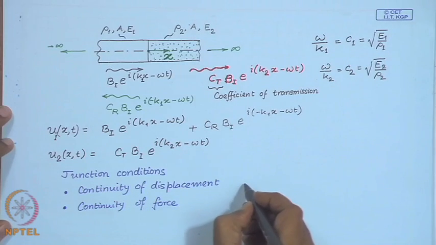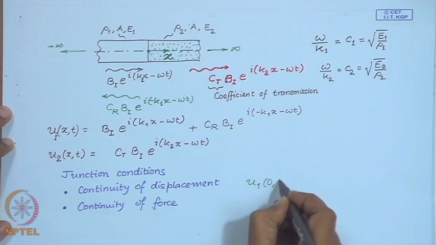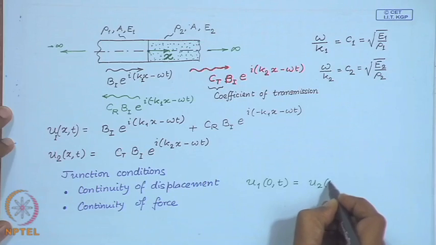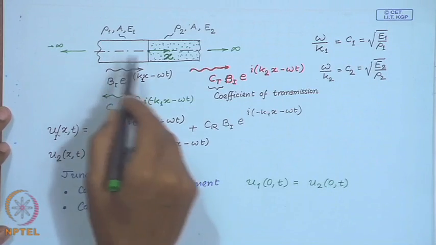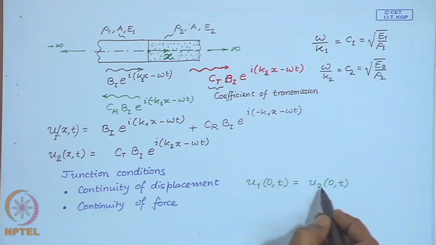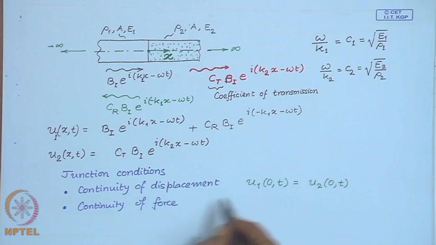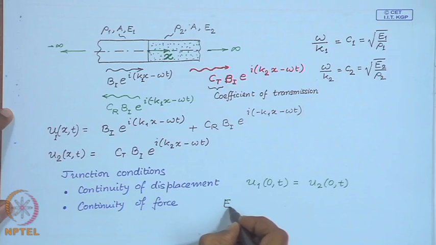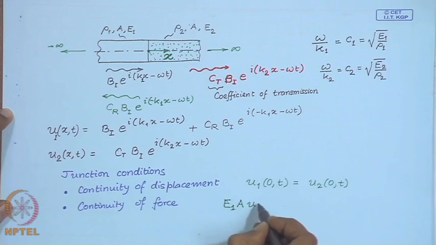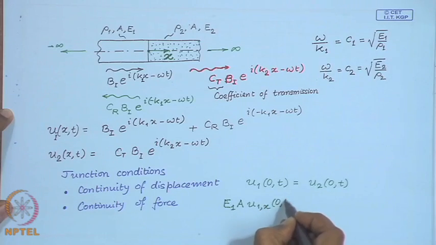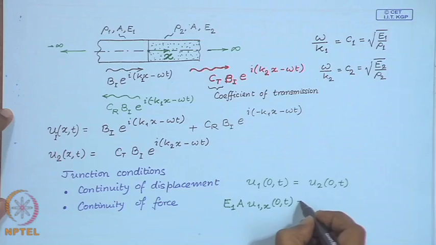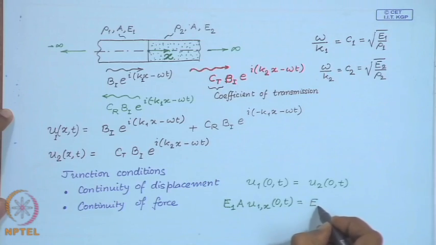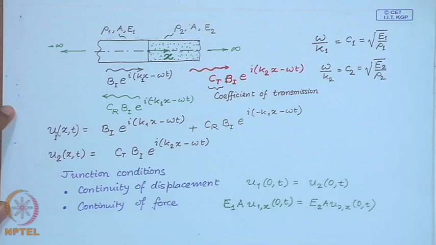So, displacement junction condition tells us the displacement of material 1 must be equal to the displacement of material 2, and the force continuity can be written as, so this is the force on material 1, that must be equal to, now.